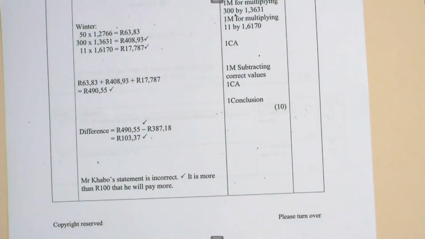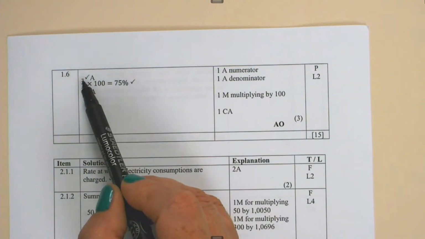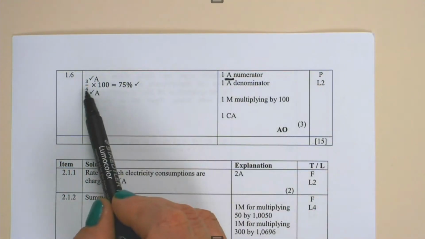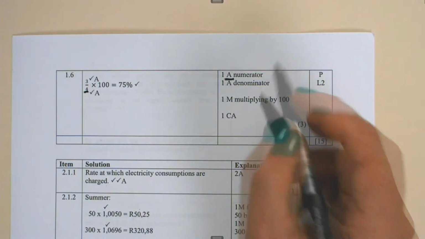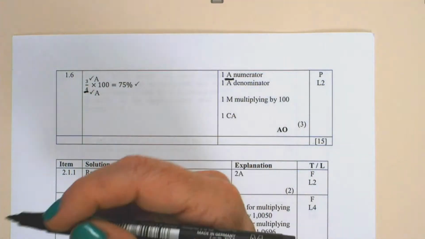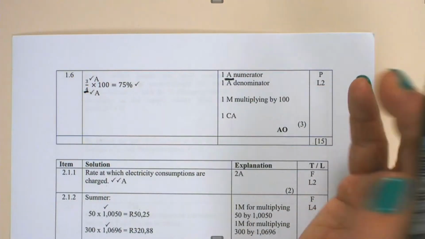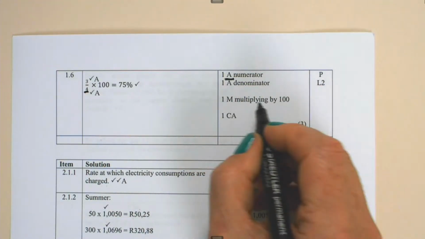So if we go then to the memo, there's a mark for the numerator of 3, and there's a mark for the denominator of 4. In other words, if it is, for example, 1/4, the 1 is incorrect, the 4 is correct. Please erase this mark.